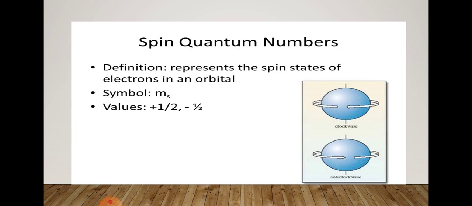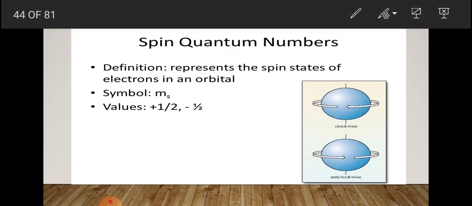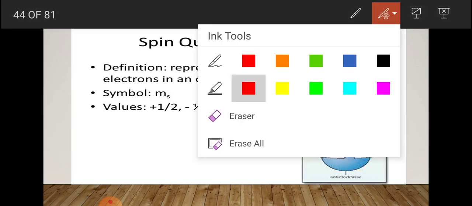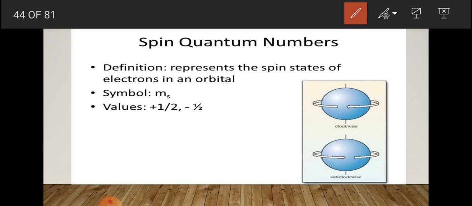Okay, with all the three you will get the different orbitals, subshells, everything. The electrons which are present in every orbital will be given by the spin quantum number, and its value will be plus half and minus half. And one more thing you have to remember, that for clockwise we make a half-head arrow upwards.